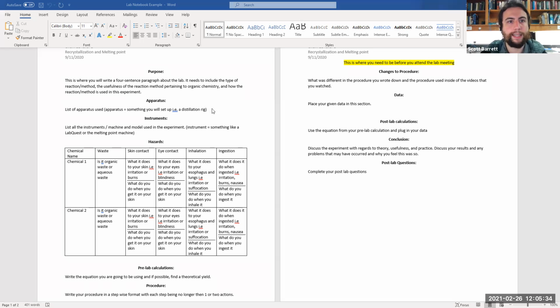Additionally, in the apparatus section, make sure that you don't just place a generic statement. For instance, I've seen a few people in the first lab had placed vacuum filtration, and that is an action that you perform, and it is not a singular object.